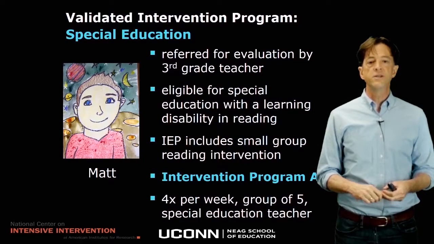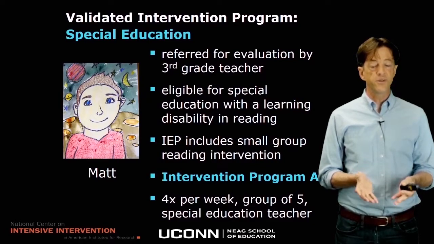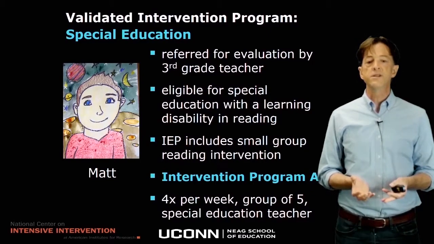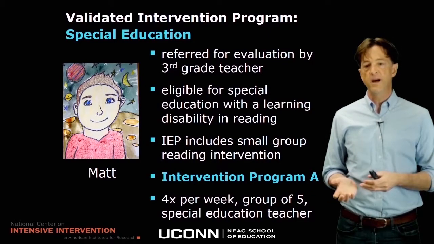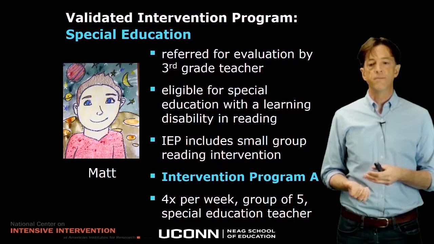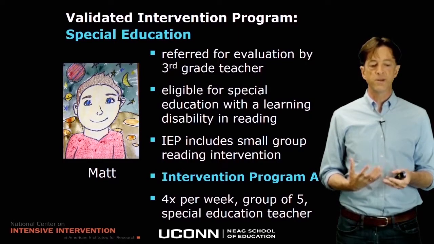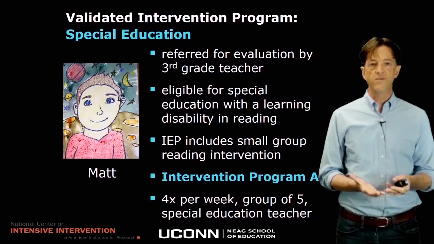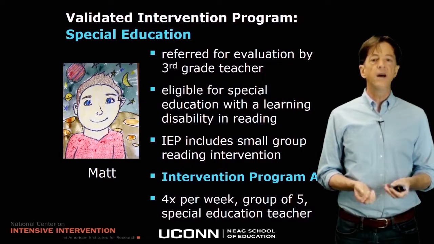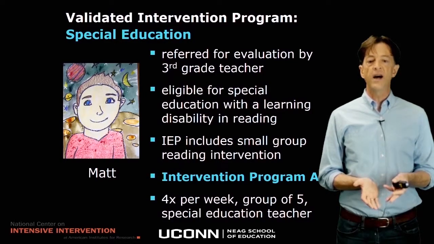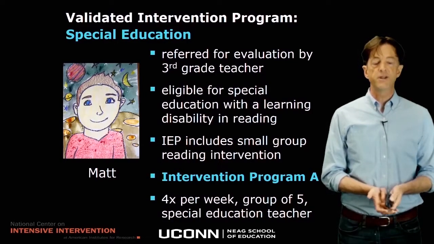And based on his needs and assessment data, they determined that this program, Intervention Program A, is the most appropriate choice to meet his needs, based on information about Matt's needs and challenges, and because this is a program that they feel like they can implement with a high level of integrity and fidelity. And for Matt, he's going to receive Intervention Program A 4 times per week in groups of 5, and it's going to be delivered by the special education teacher.